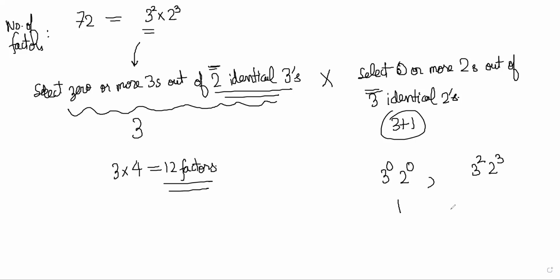So 1 and 72 are included in this. If you want to do a proper factor, then you can exclude 72, and that will be the number of proper factors, right? The number itself is not a proper factor, right? Are you understanding? Yes, sir. Okay.